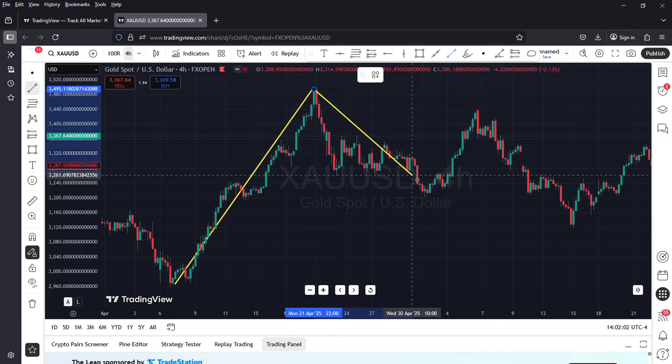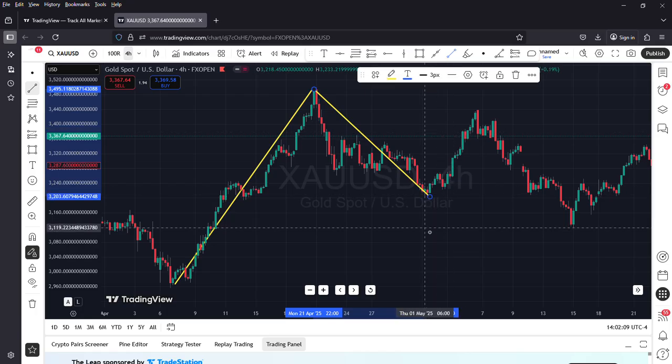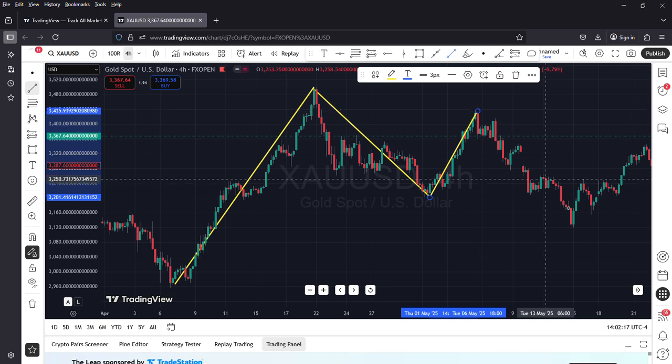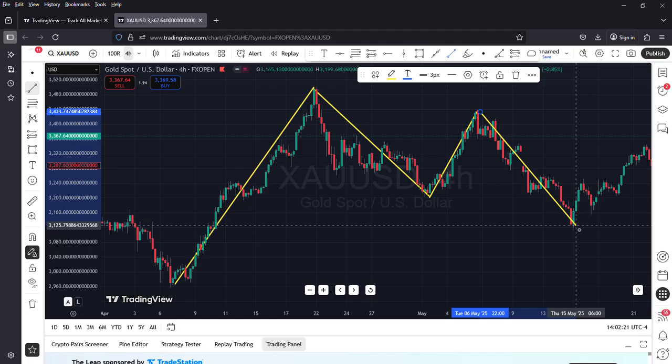Consistently, it had a pullback, buying to the upside before pushing down to the downside. That means the market was in a downtrend.